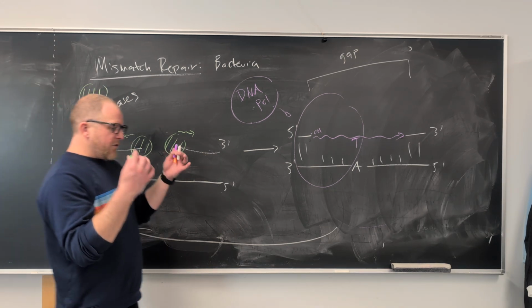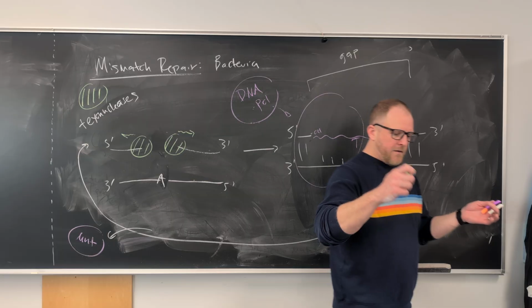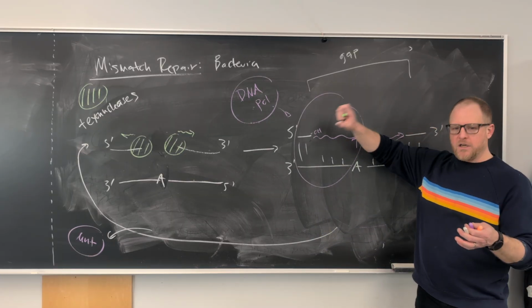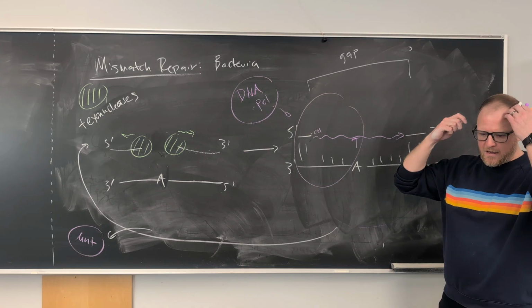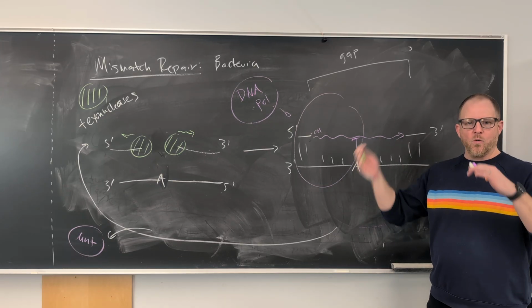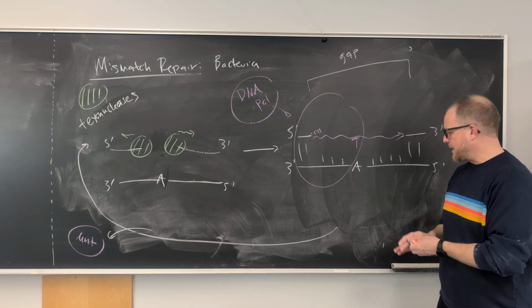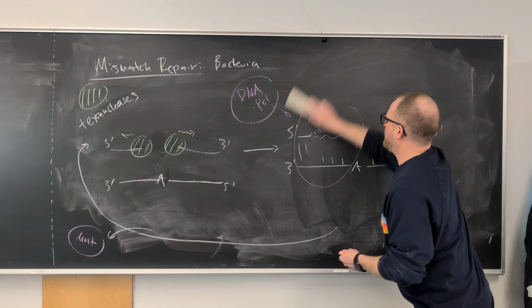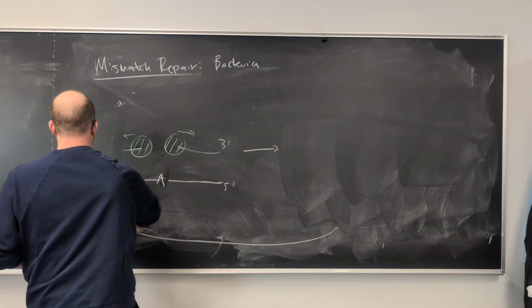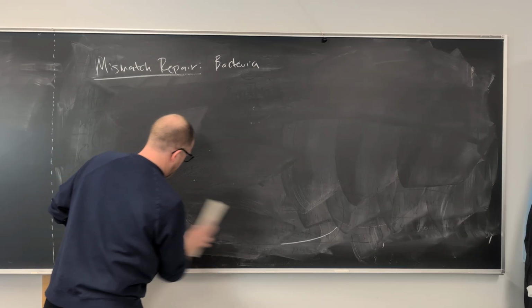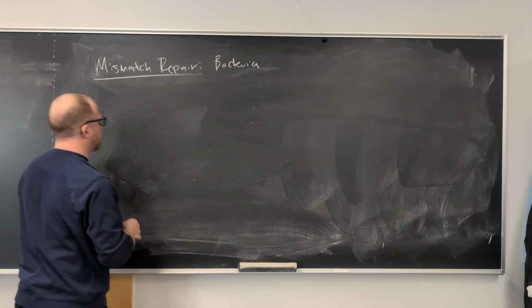Now, as I go through this, we assumed that G on that top strand was the incorrect base. But you might be asking yourself, how is it possible to know which is the incorrect base? So let's go back to that situation that we described at the very beginning and illustrate this conundrum a little bit. Okay? So this was our starting point.